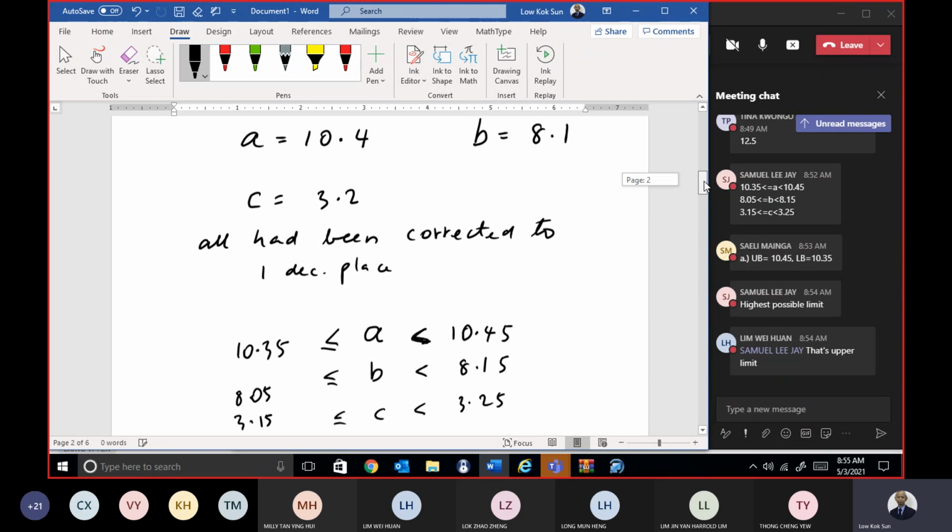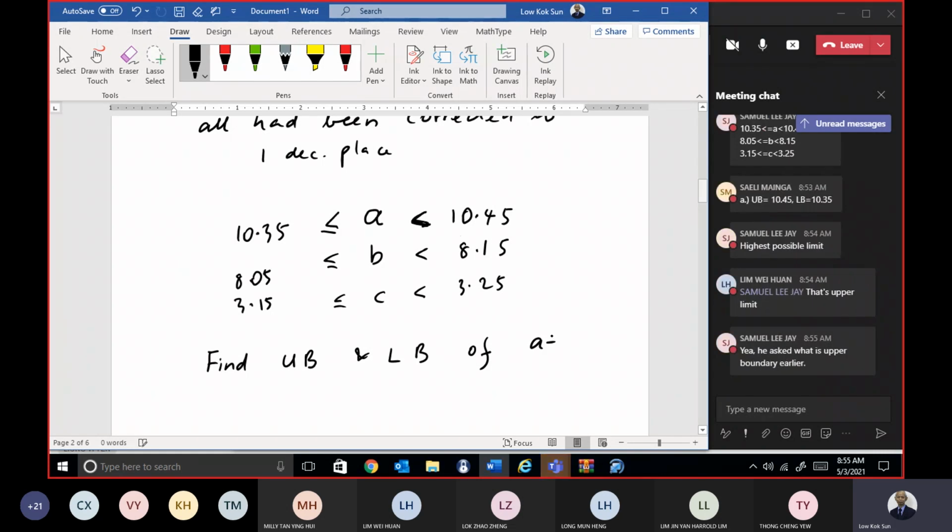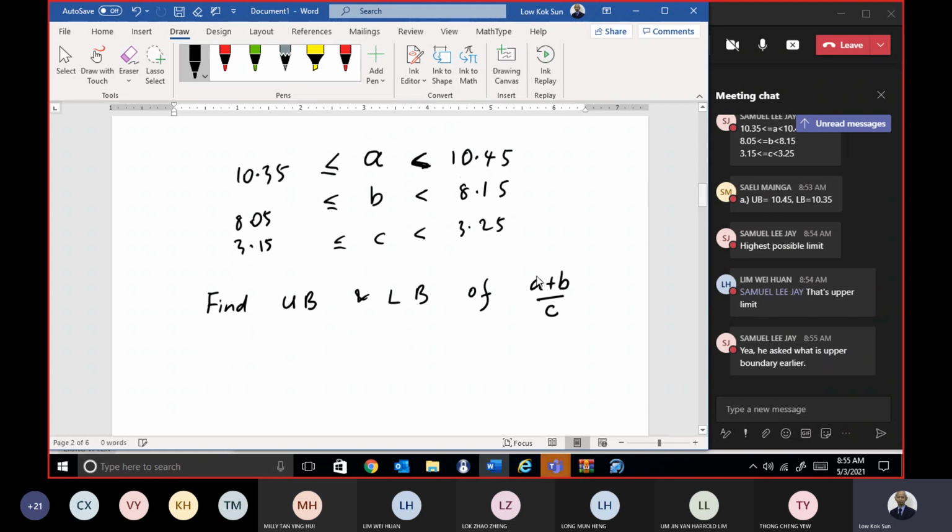Now with this, we are asked to find the upper bound and lower bound of, let's say, A plus B divided by C. So this one as a number, not separately like here.